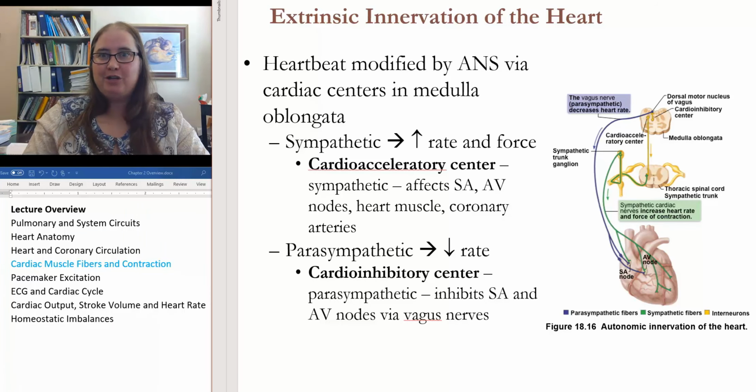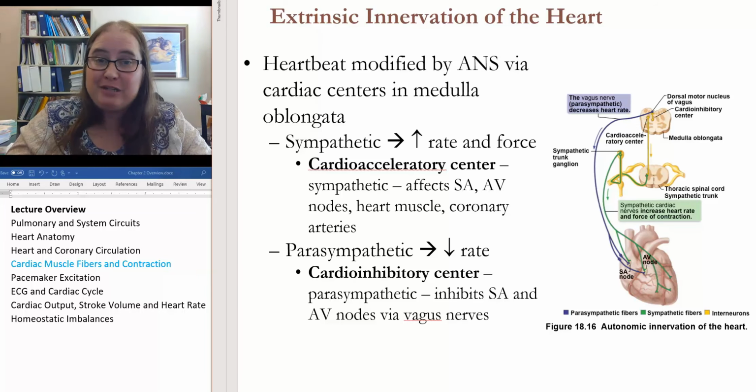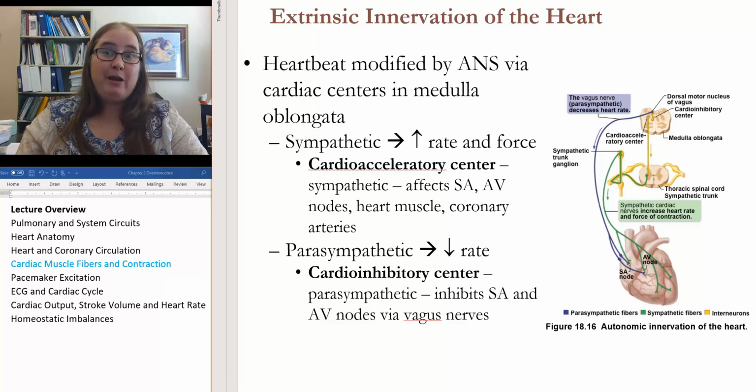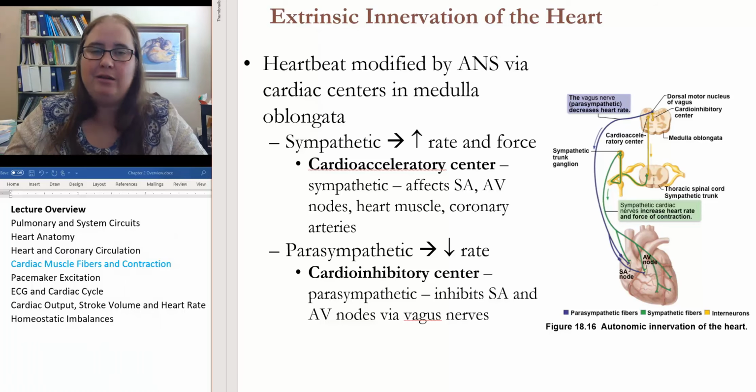Oh my gosh, you guys go back to chapter 11. No, autonomic was chapter 14. Go back to chapter 14. We're talking about the autonomic nervous system, so this is our parasympathetic and our sympathetic nervous system. We have these cardiac centers in our medulla oblongata, and they signal through the autonomic nervous system.